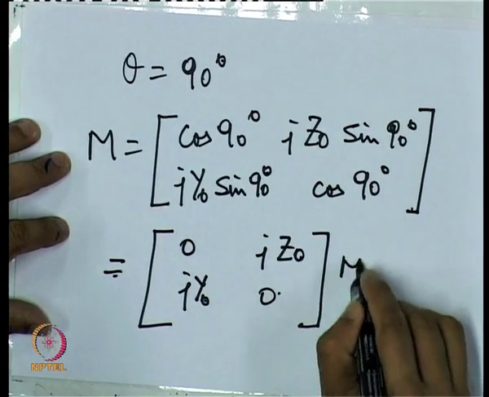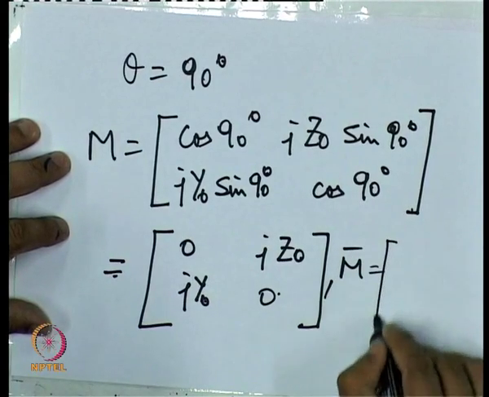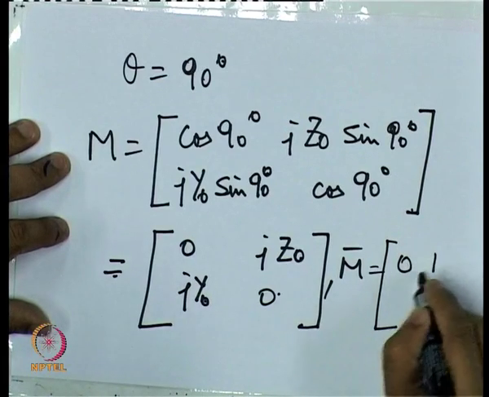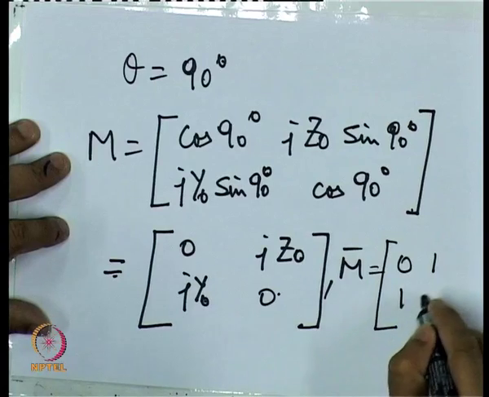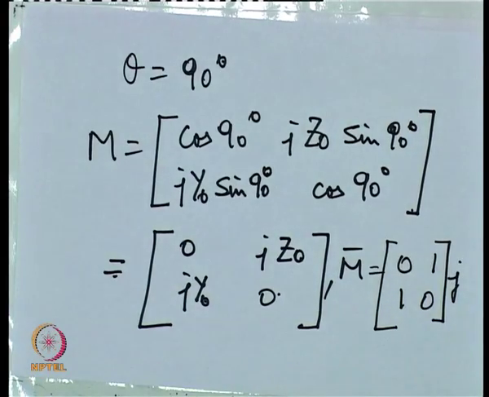If we choose to find the normalized ABCD parameters, then this would come out to be this, with j on the outside.